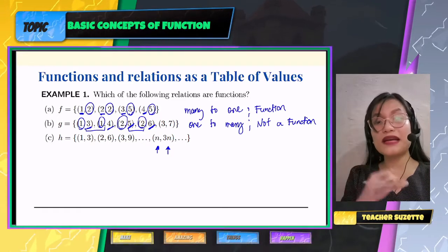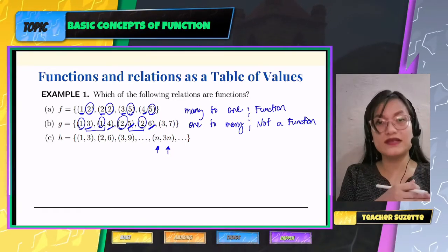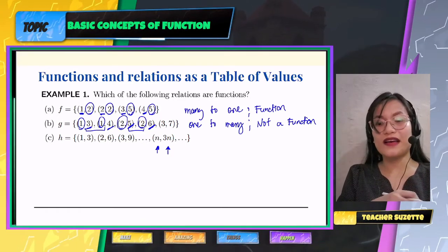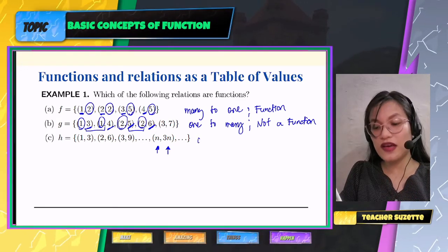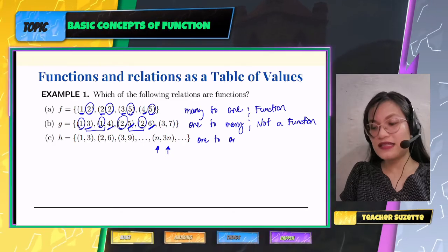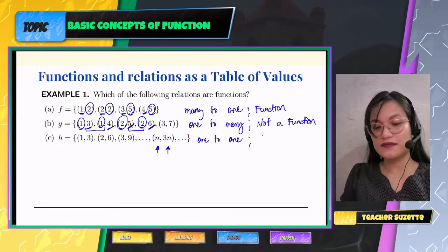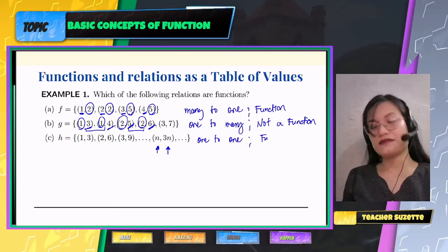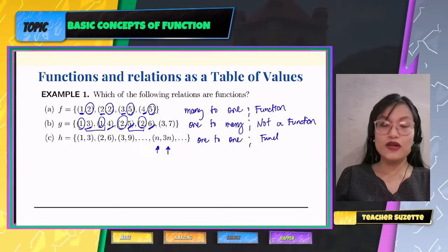Hindi siya magkaparehas dun sa mga previous pairs na naka-provide na. So, this is an example of a one-to-one relation. So, definitely, this is a function. Ayan. We're done with our example number 1.